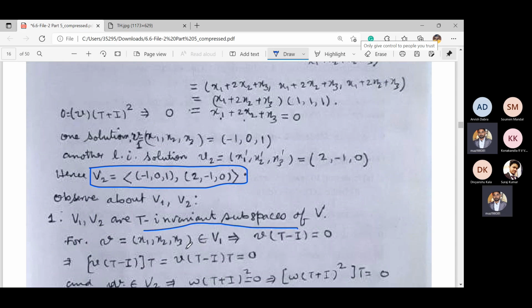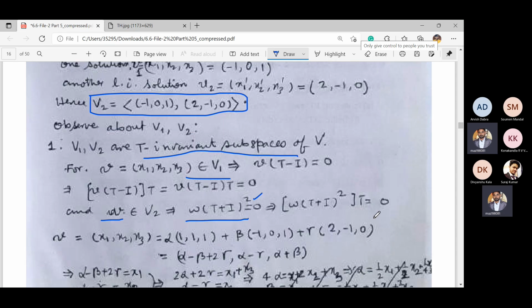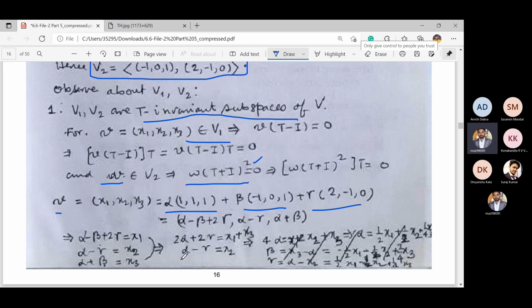So for V1, this belongs to V such that T minus I equals 0. And if W belongs to V2, then we have the square equal to 0. So V equals x1 plus x2, x3, if we assume this one is alpha times this, beta times this, and gamma times this. You can use the above given linear transformation, and V belongs to this property.